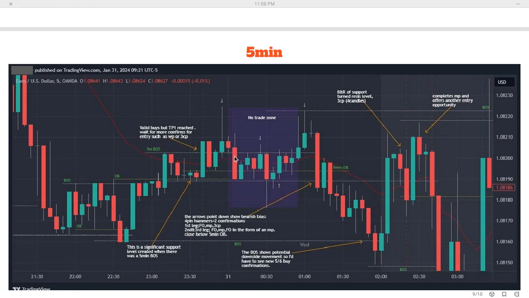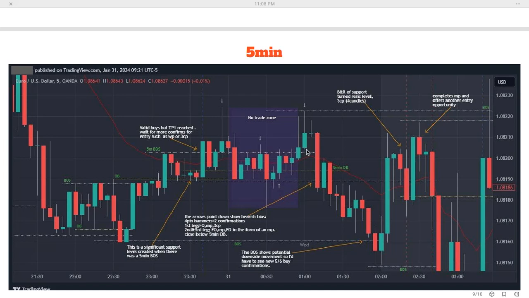So now price continues doing fake outs in this area, and then this bearish candle closes below this 5-minute order block. This confirms a bearish bias, mainly because what we see here, the arrows are pointing at 4 pin hammers.